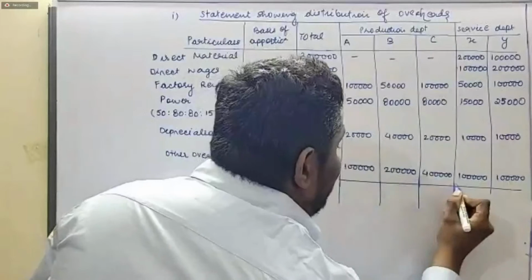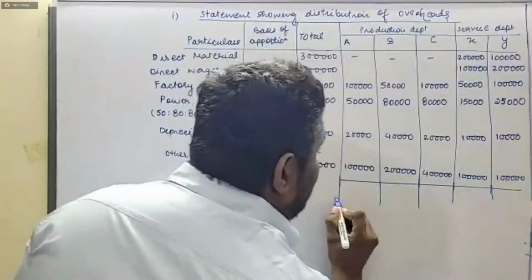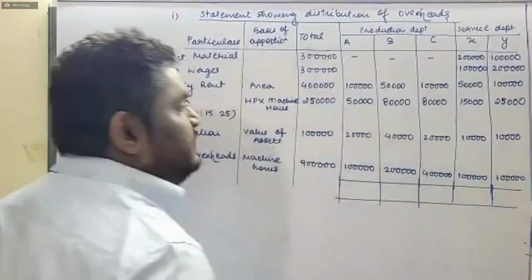So here now we can get the total of overheads after primary distribution. We call it primary distribution.